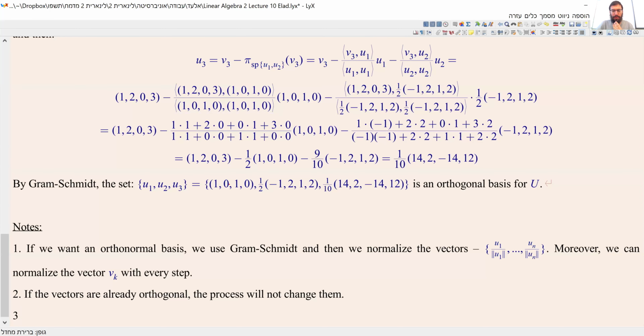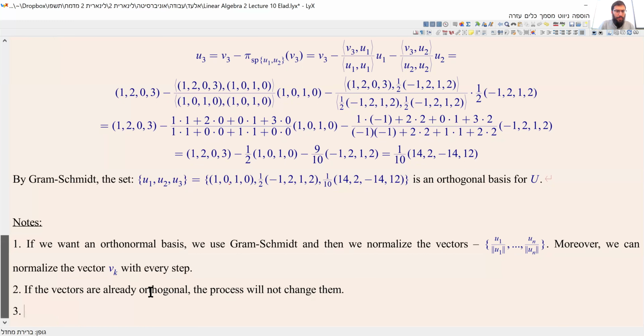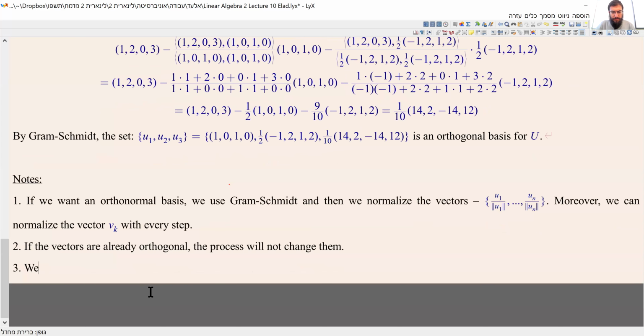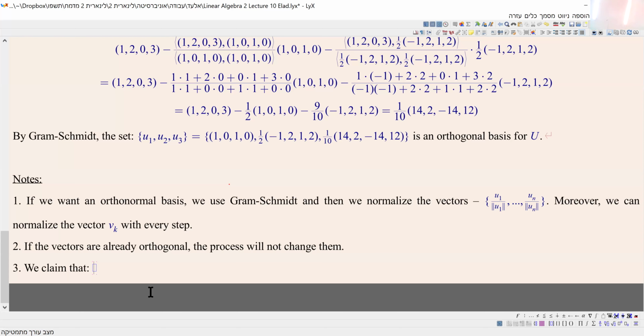What else? We can say, and probably we'll see it through the proof, we claim that the subspace spanned by all the vectors v1 to vn is the same as the subspace spanned by the new ones, right?